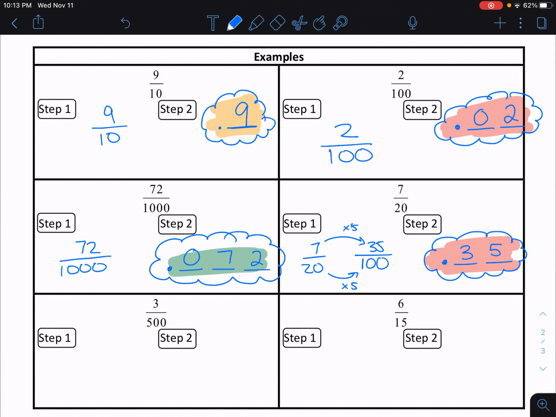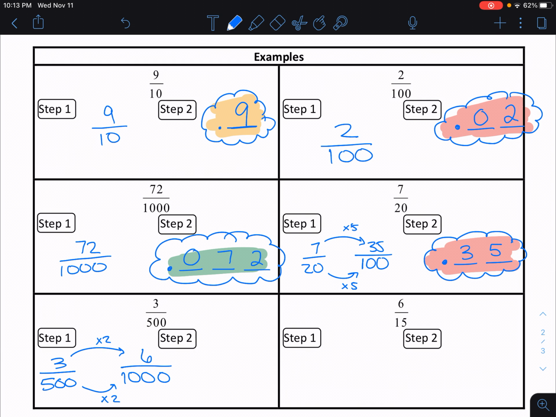For the next one, 3 out of 500, the easiest value on the bottom to get to is going to be 1,000, because I cannot scale back easily to 100, so I'm going to go up to 1,000. To get from 500 to 1,000, I'm going to multiply by 2, and 3 times 2 is 6.